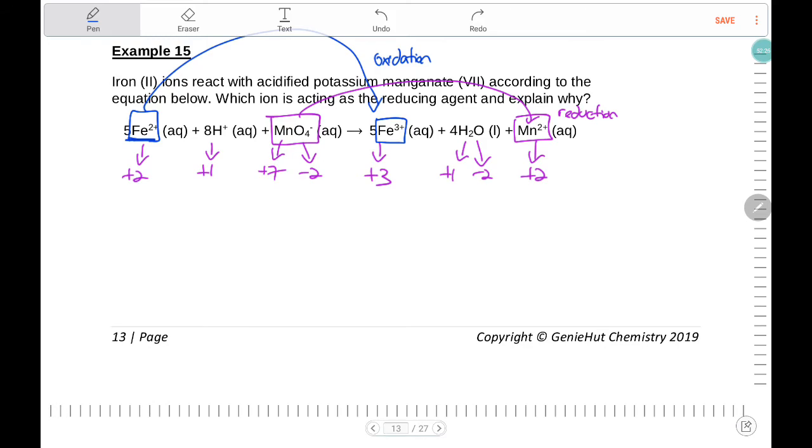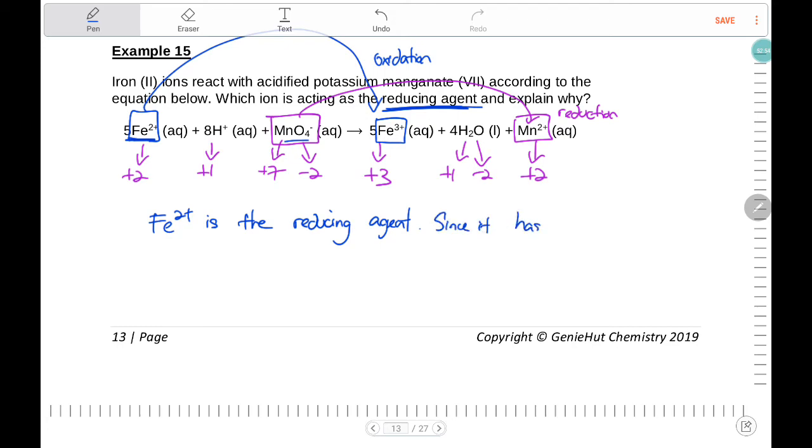Okay, so with this, we can solve the question. Who is acting as a reducing agent? Remember, a reducing agent reduces another compound. And since MnO4- has been reduced, I can say that Fe2+ is the reducing agent. How do you explain? Well, a reducing agent reduces another compound.